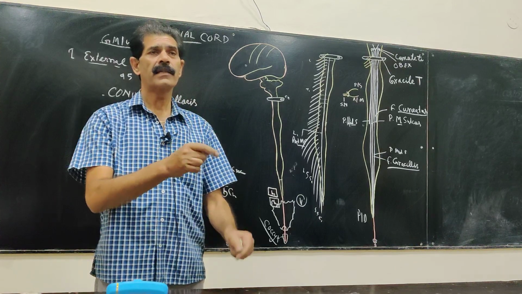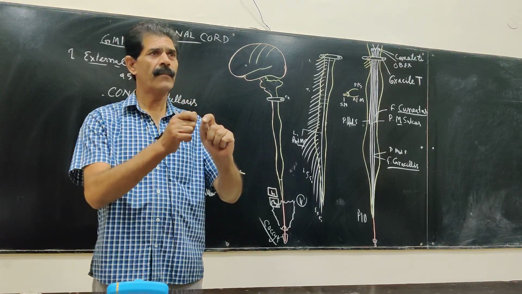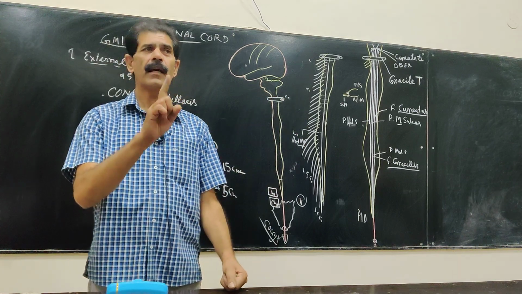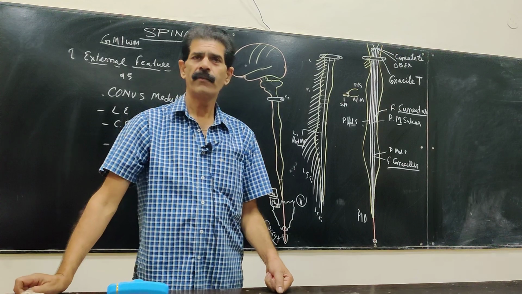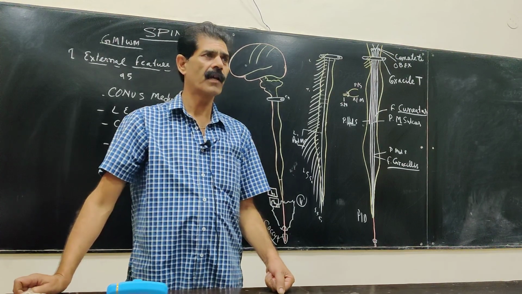So that is, as if somebody has fixed a nail on a thread to anchor the midline position of the spine. That is the feature and the function of this filum terminale.